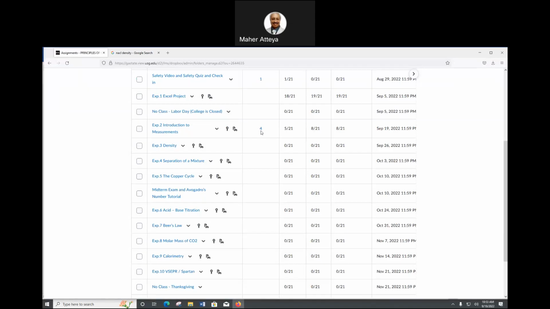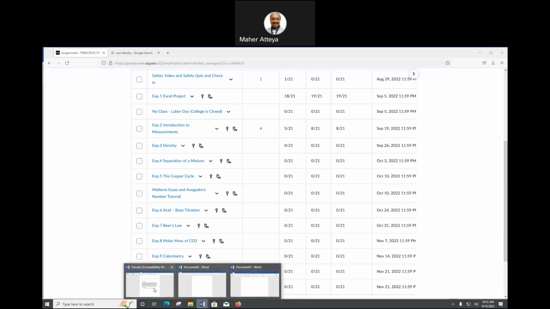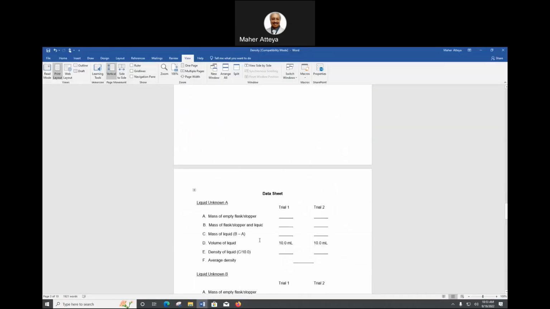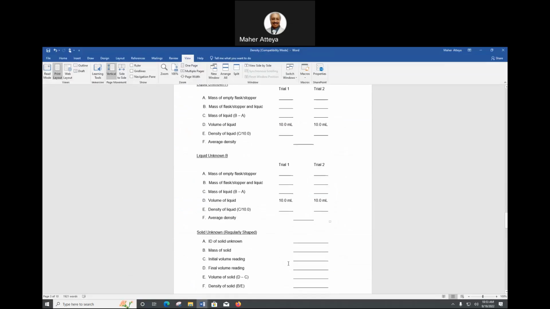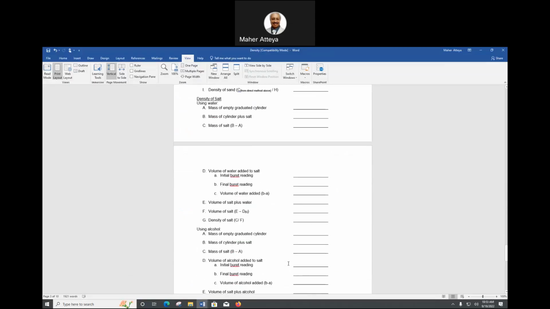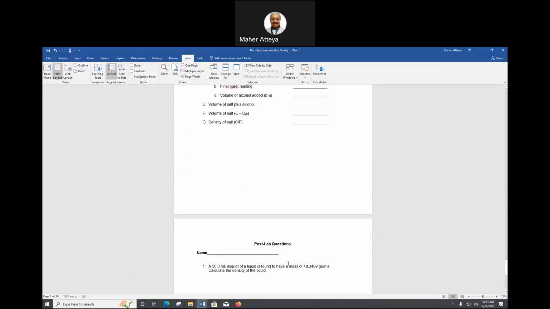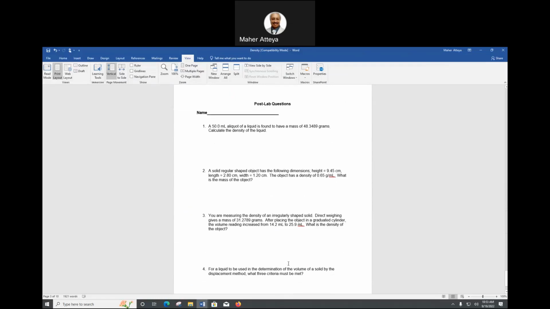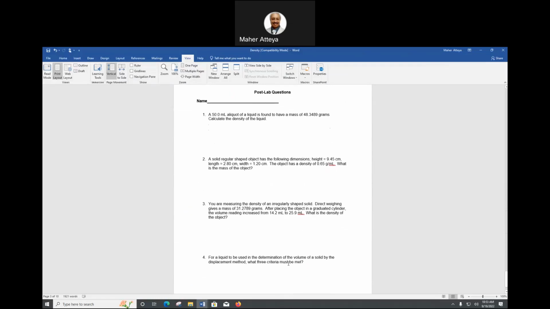So you have to study the examples. If you look at the whole thing here, this is the data here, correct? And when you have done the data, then you will do the discussion. I'll show you, and then you will do the post-lab questions. You have to do them after the conclusion. Those post-lab questions may be similar to those that will come in the quiz and maybe in the midterm.